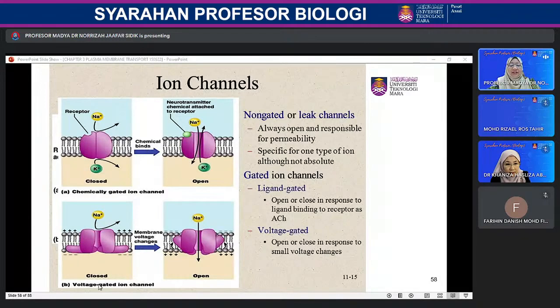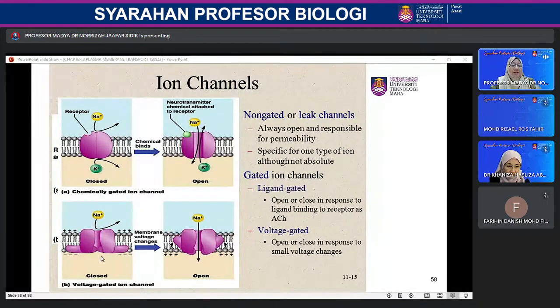Whereas the voltage gated ion channel will open or close in response to small voltage changes. So you can see here the positive charge outside makes the plasma membrane channel close, and the sodium and potassium cannot move in because the voltage gate is closed.